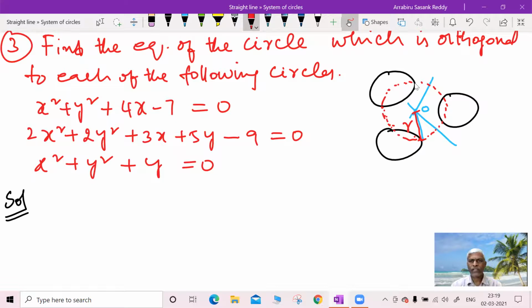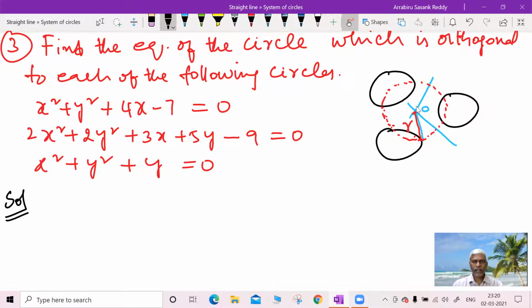So this dotted circle is the circle which is required, which is orthogonal to each of the three circles. So this is another method. In this way also you can do the previous problem.